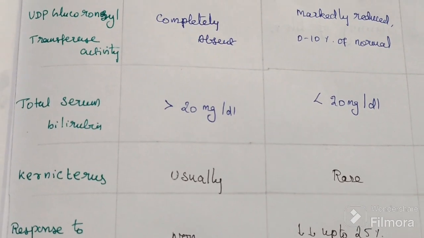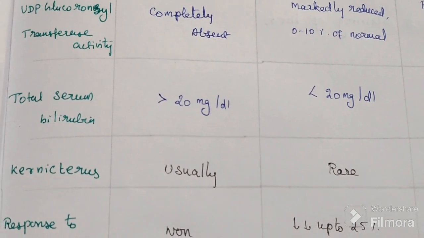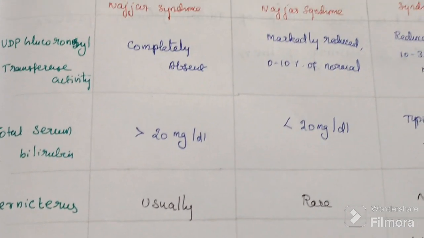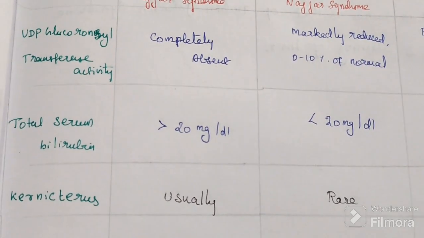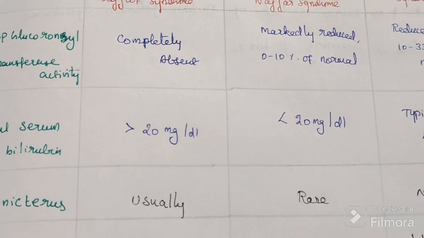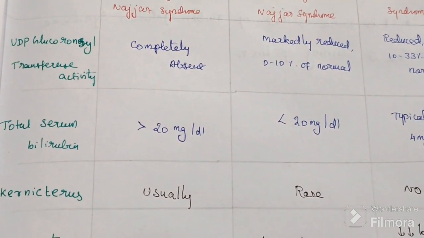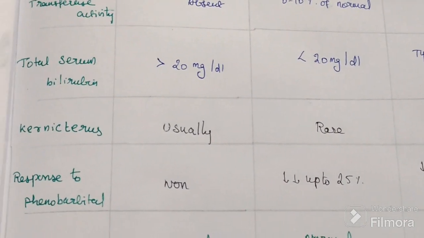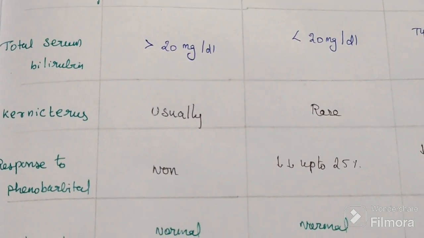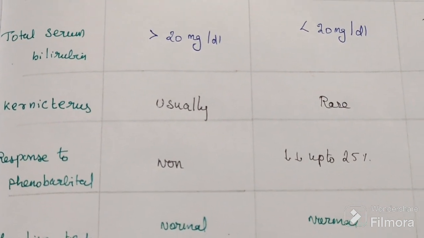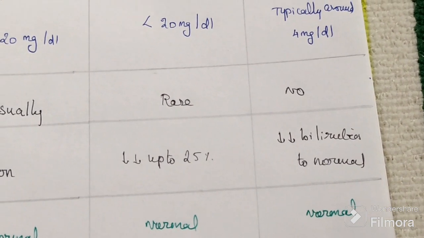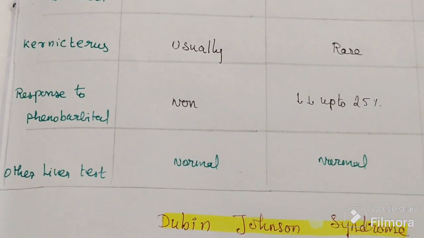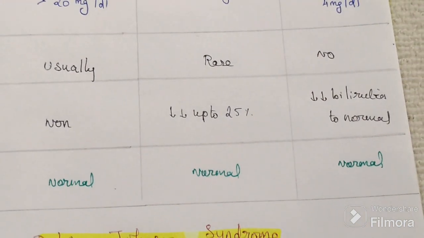Third is kernicterus: usually common in type 1, rare in type 2, absent in Gilbert. Next is response to phenobarbital: not seen in type 1, decreased up to 25% in type 2, and bilirubin decreases to normal in Gilbert. Last, other liver tests are normal in all three.